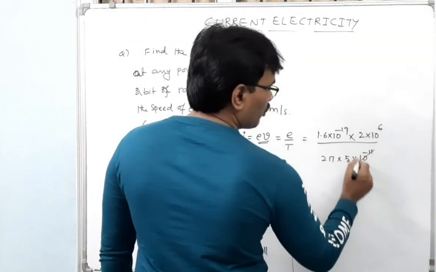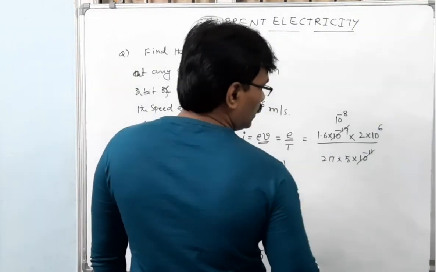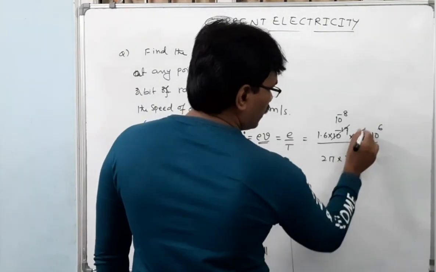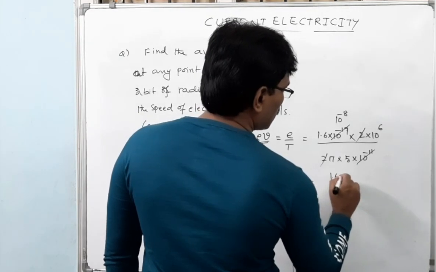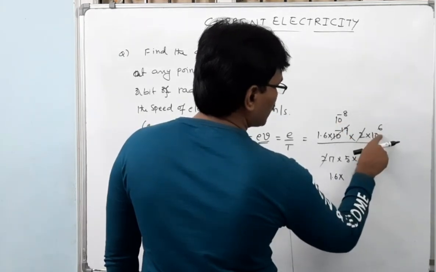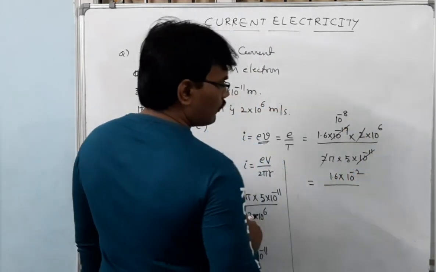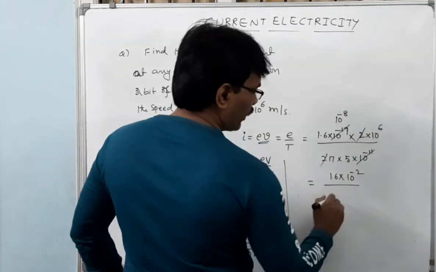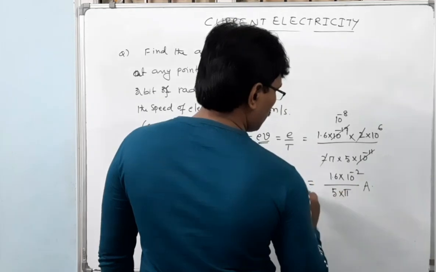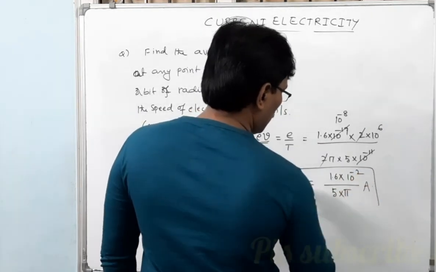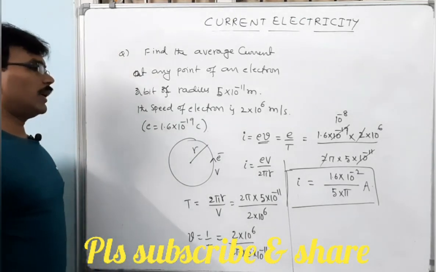Here 10 power minus 11, so 10 power minus 8 is left, and the 2 and 2 cancel. So here 1.6 into 10 power minus 8, with 10 power plus 6, therefore 10 power minus 2 is left, divided by 5 into pi. So this much current will flow at any point in the electron orbit.